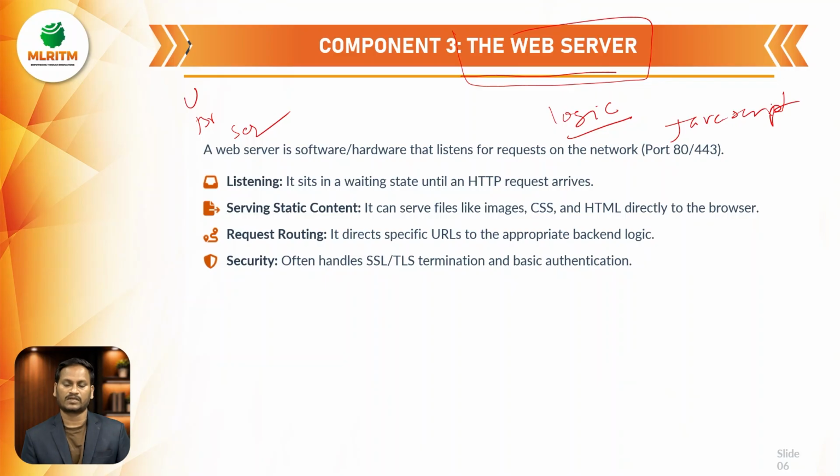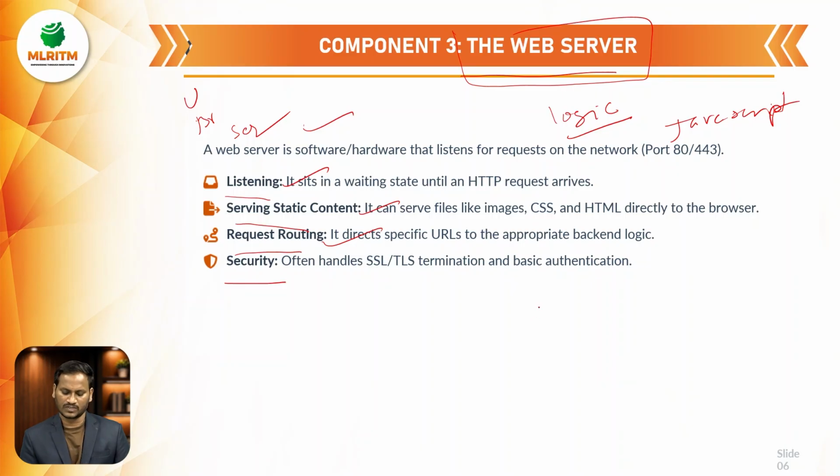It will display the response to the user by using these elements: listening, serving static content, request routing, and security. In this form, it will take the input from the user, process the data, and give it back to the user. This is called the web server.